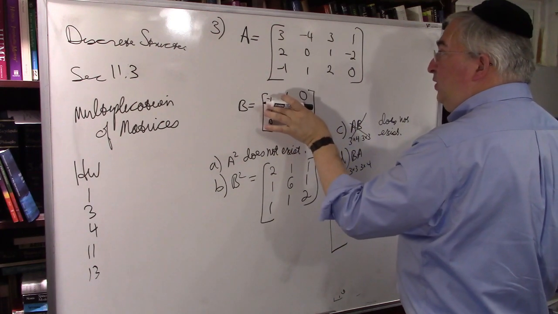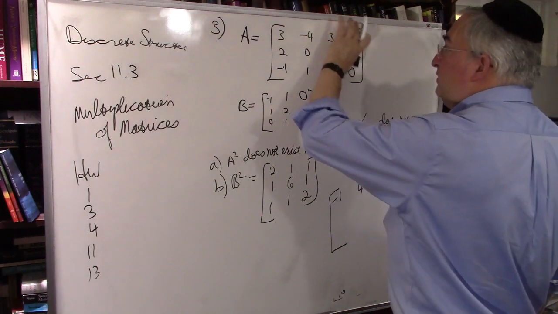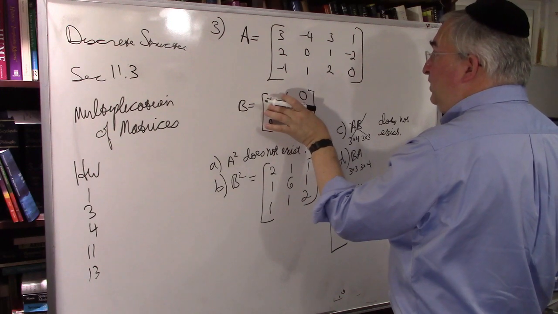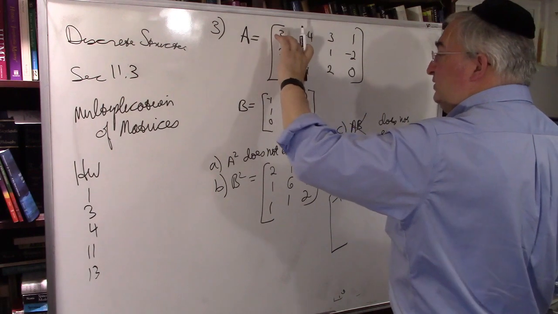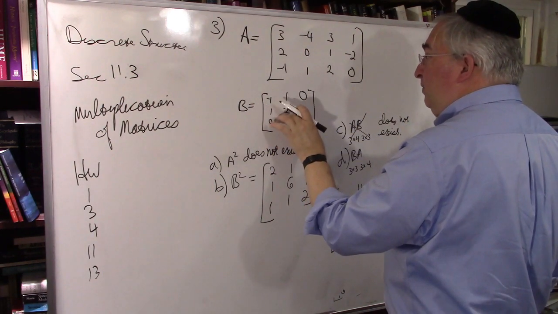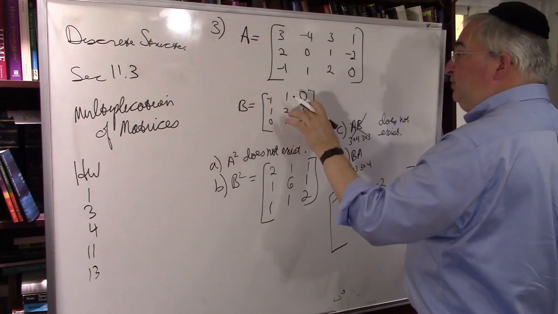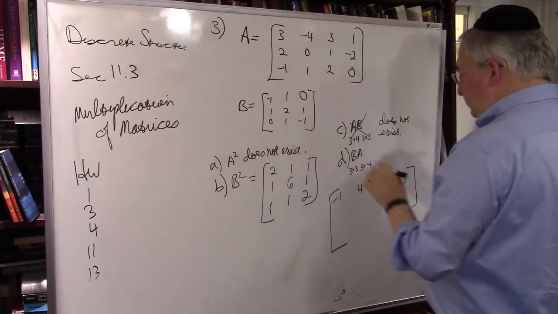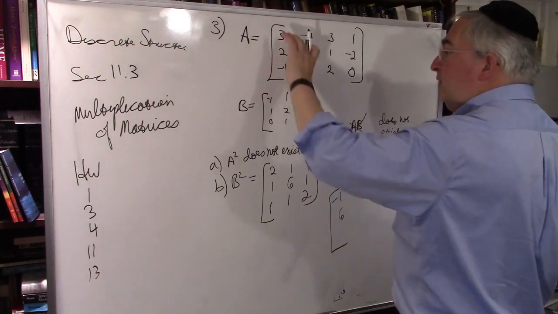It's a minus 3 plus 1 is a minus 2. And this is going to be a minus 1 plus minus 2 is minus 3. Okay, and this is going to be a 3 plus 4 is 7, minus 1 is 6. 6.